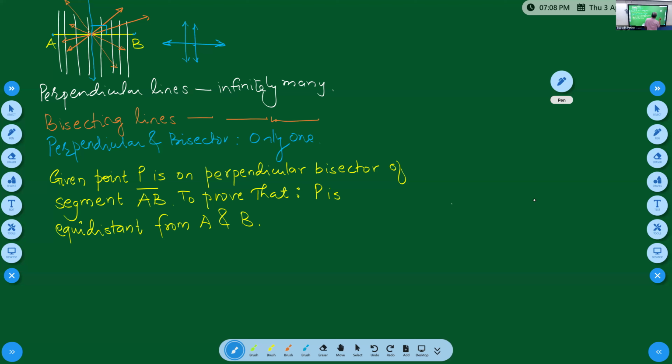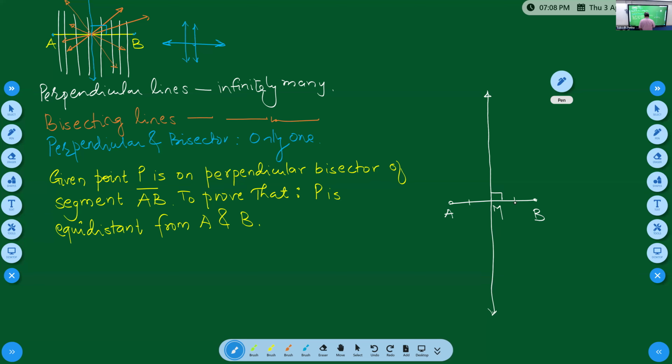So we draw AB segment, we draw perpendicular bisector, straight line. This is perpendicular at point M and it is bisector.